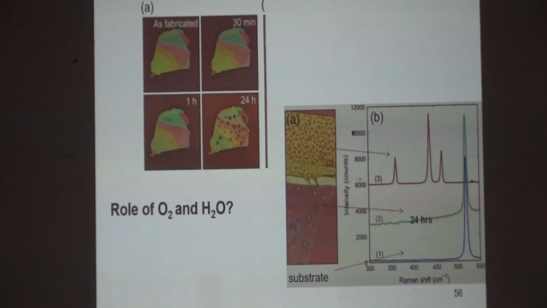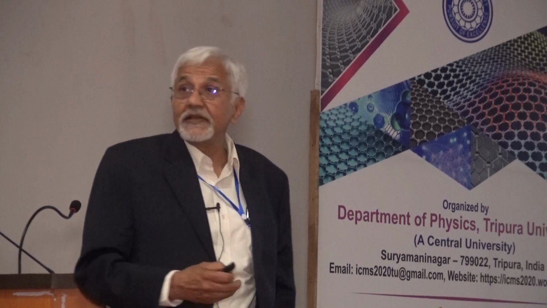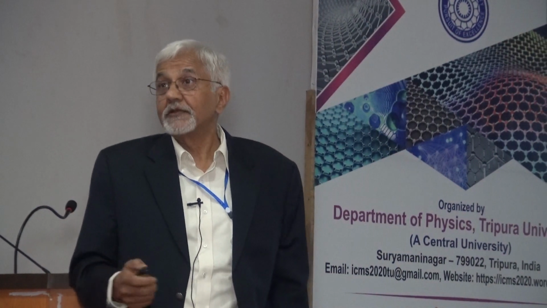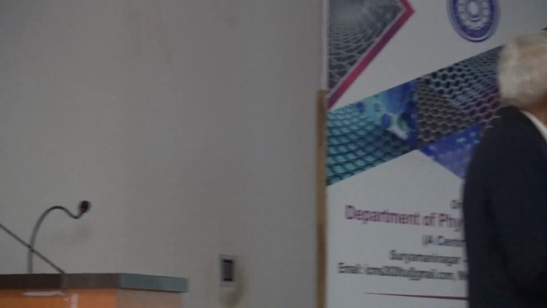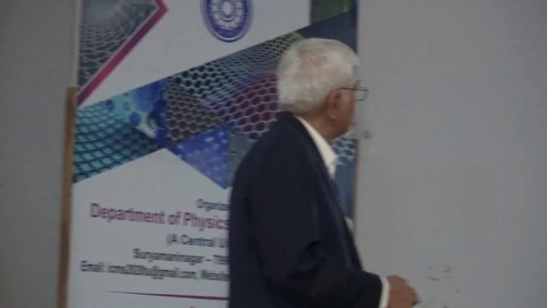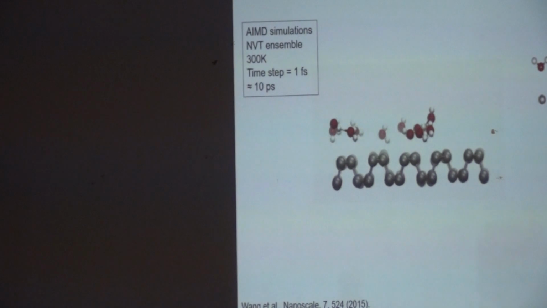So the question is, if you think about air, it is oxygen and water, but what we found is that oxygen doesn't do anything. So let's look at the water. How does it interact with the phosphorene monolayer? Again, a similar calculation. You have water molecules at the surface coming in and going up and down.